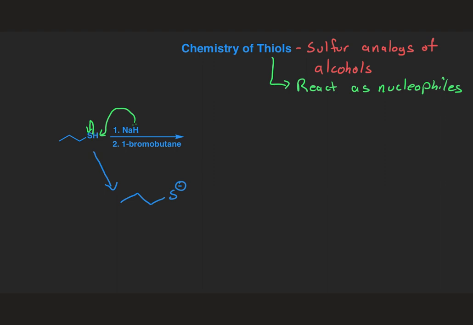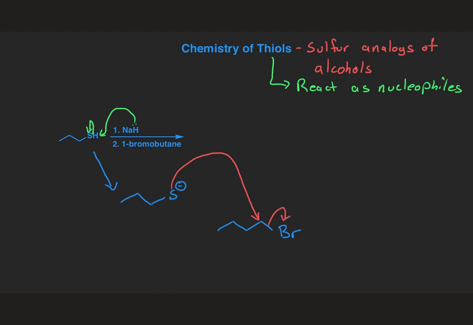And when you add this anion to 1-bromobutane, you're going to get an SN2 reaction. So 1-bromobutane, we've got butane, and the bromide is on carbon 1. And so your sulfur, which is a good nucleophile, especially with a negative charge, is going to attack the carbon with the bromide.